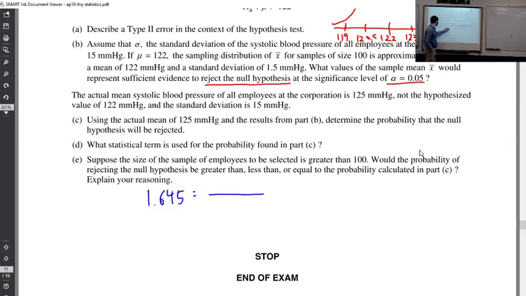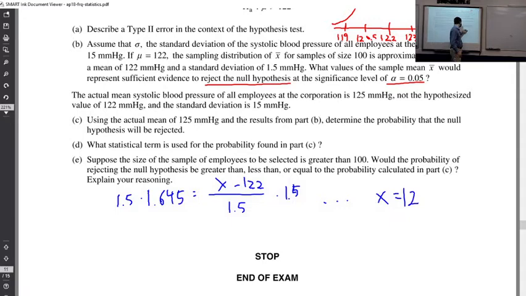So that 1.645 equals value minus mean over standard deviation. And it gave us the mean and standard deviation, so we're just trying to solve for that value. Multiply both sides by 1.5, and then add 122, etc. And when we do that, we should get our value to be around 124.